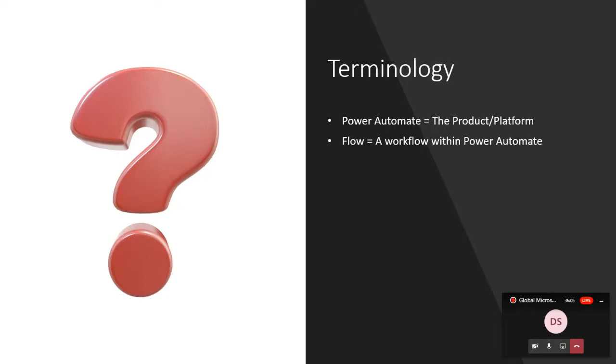Lots of us liked the name, but then they decided to rebrand it and make it clear that it's part of the Power Platform. So it's now called Power Automate, but what do we create in Power Automate? Power Automate is the platform, but the workflows that we create in it are called flows. So if you see these terms used interchangeably, worry not.